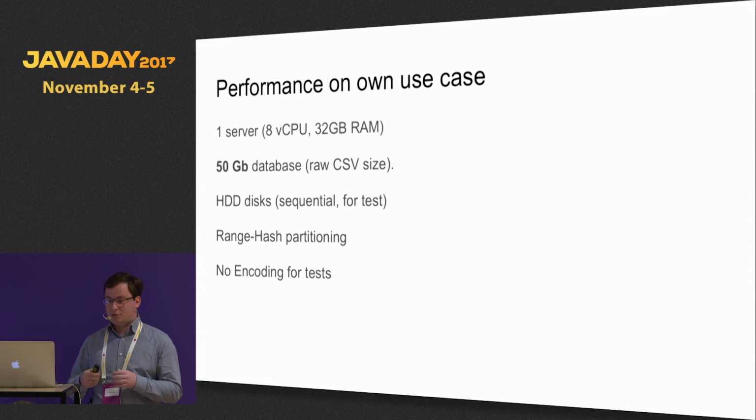I will show the performance on one small server with 50 gigabytes of CSV data, on hard disk drives. Just for a test, because now I have migrated to SSDs. This is range hash partitioning without any encoding.